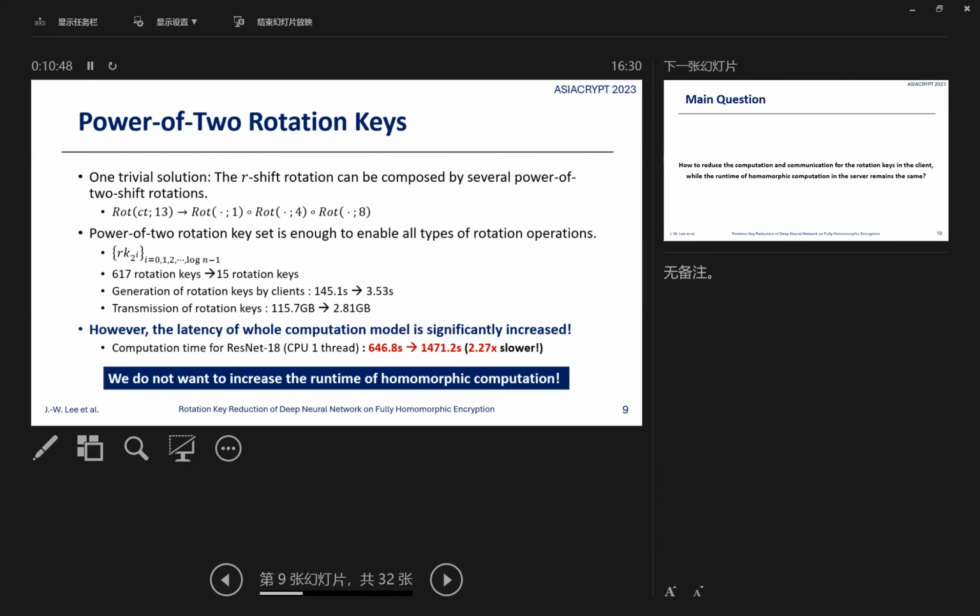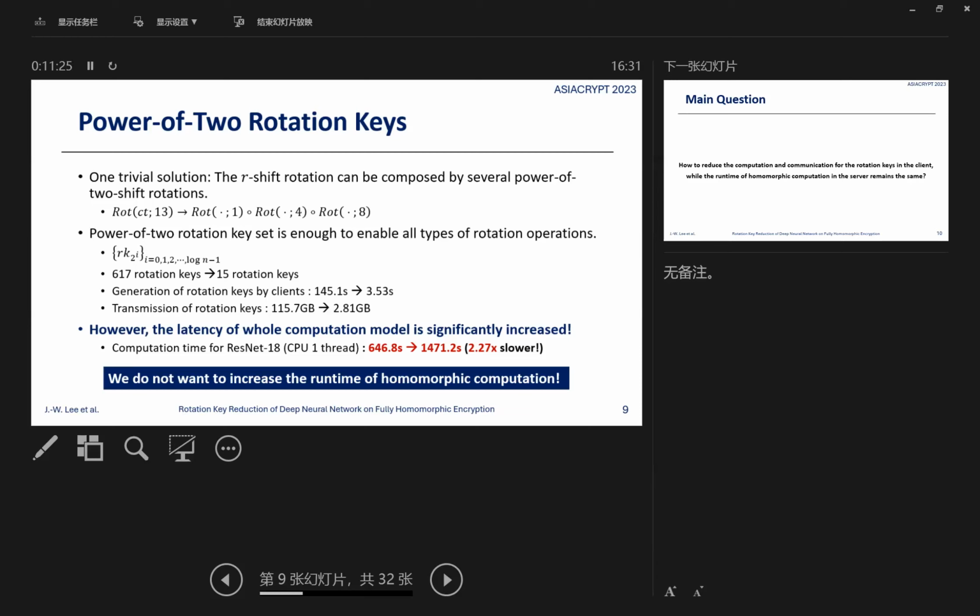And there is one trivial solution in the previous papers, using the fact that an r-shift rotation can be composed by several power of 2 shift rotations. For example, if we want a 13 shift rotation operation, it can be evaluated with 3 rotation operations: 1 shift rotation, 4 shift rotation, 8 shift rotation.